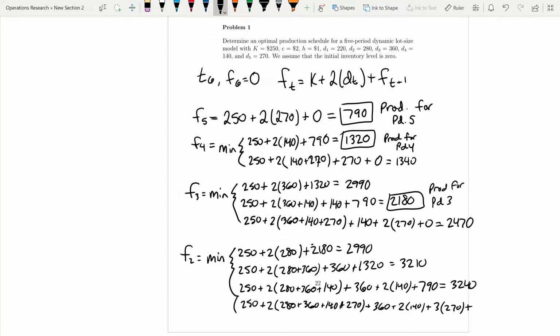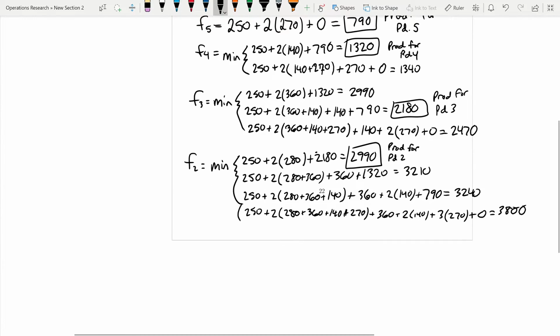And then add on F sub 6, which would be 0. And that's going to give us a total of 3,800. And between these four values here, the 2990 is going to be our lowest and our production for period 2.